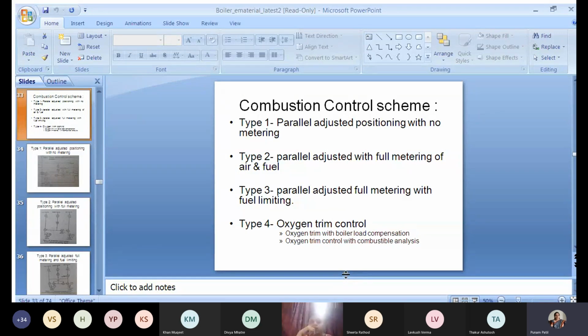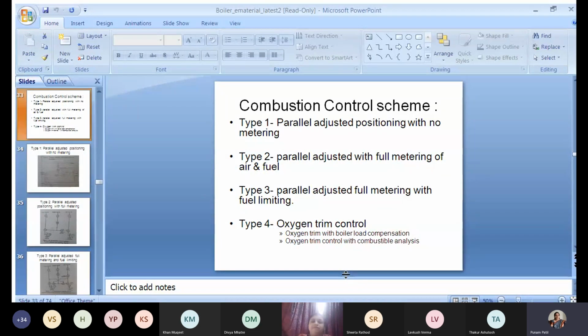Rate of firing control करना है, combustion efficiency control करना है, और safety control करना है. Right? So to achieve these 3 objectives of combustion control, we are using these 4 different control schemes. Not at a time, but as per requirement, the particular one is applied.